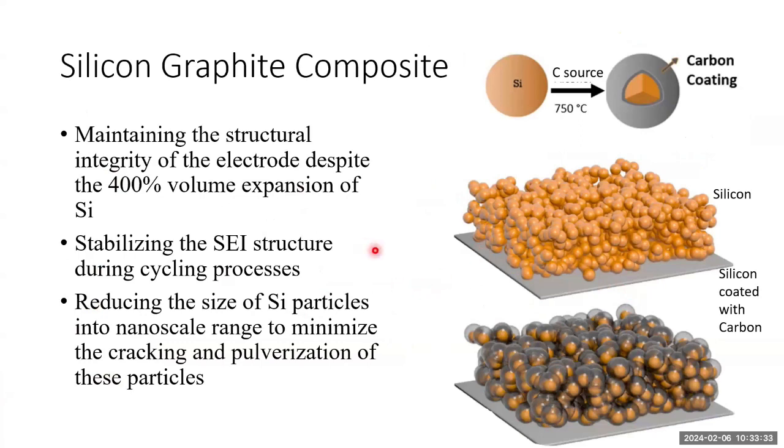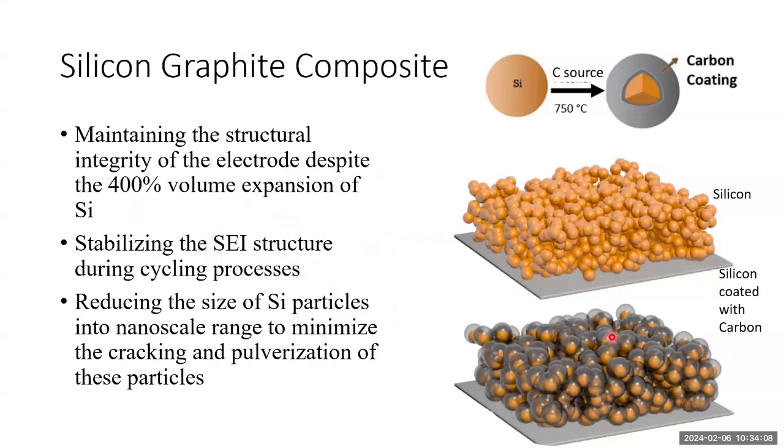So what is happening when we make a silicon graphite composite? When you make a composite, you can maintain the structural integrity because, as I said, silicon can expand very highly. But when you make it a silicon carbon composite, you can mitigate the problem. You can stabilize the SEI formation in the lithium-ion battery.